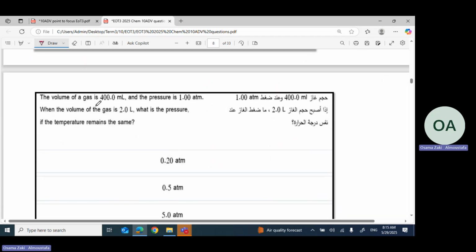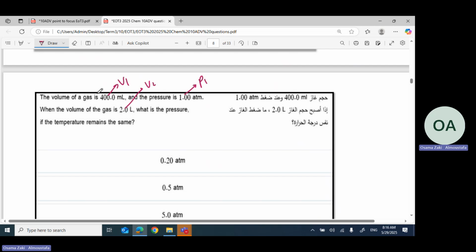Next question. The volume is 400 milliliter. So this is V1. Pressure 1 atm, P1. The volume is 2 liter. Look, the volume is 2 liter. So this is not accepted. So you have to convert milliliter to liter or liter to milliliter, because we need to keep them in the same unit.